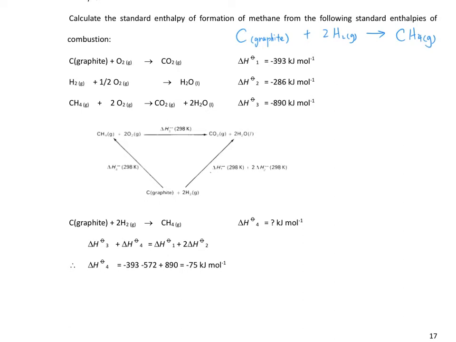But carbon can combust to form carbon dioxide. Hydrogen can combust to form water, and also methane can combust into carbon dioxide and water, so that we can build up an energy cycle.